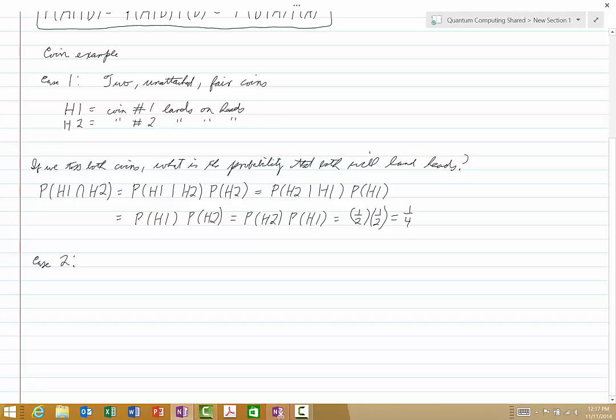another case. Let's say two fair coins attached as follows. Let's say that this is one coin, and we'll have an attachment now. Here's coin number 1, and it's attached so that when its head is up, then on coin number 2, its head is up.